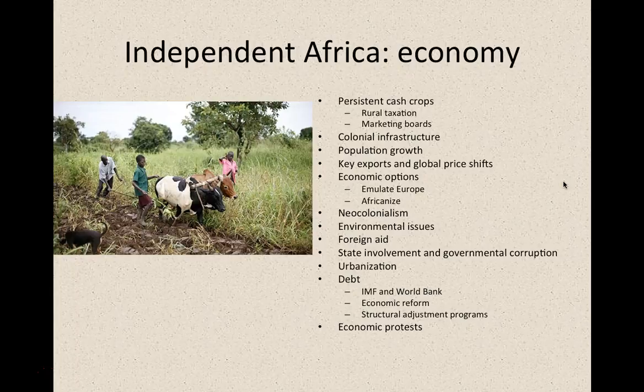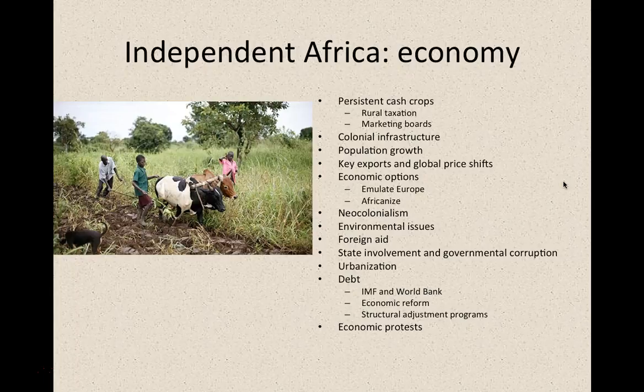By intervene, I mean they told the leaders of these African nations that they were no longer going to provide loans for them, which, of course, these African leaders had become all too reliant on. They were no longer going to provide these loans unless they met certain conditions. Those conditions were that they needed to reform their economies.